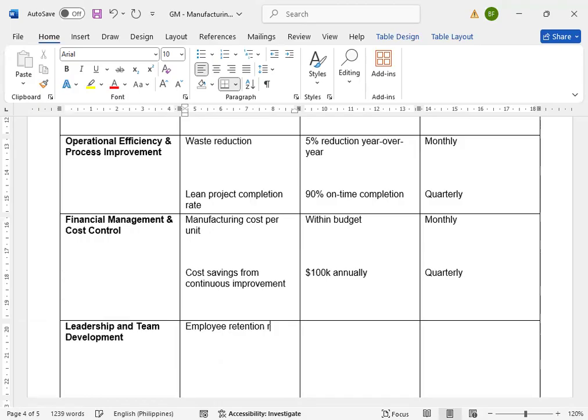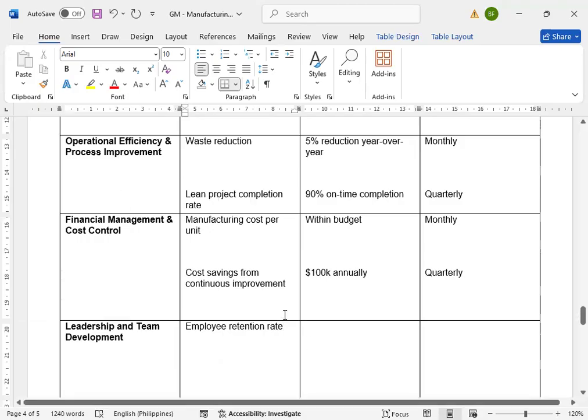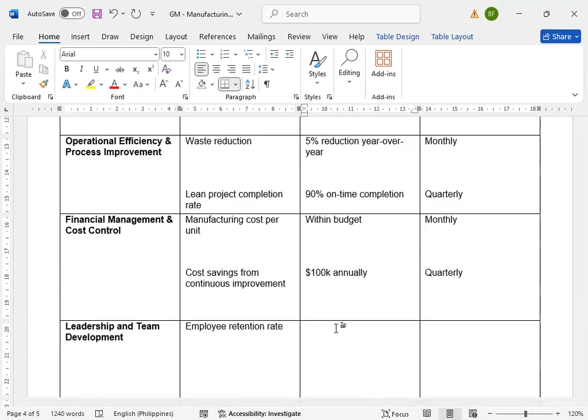You're going to have a lower rate of retention. So what do you expect? It should be what? Retention should be 90% retention. Again, I cannot say 100% retention, and above, of course.